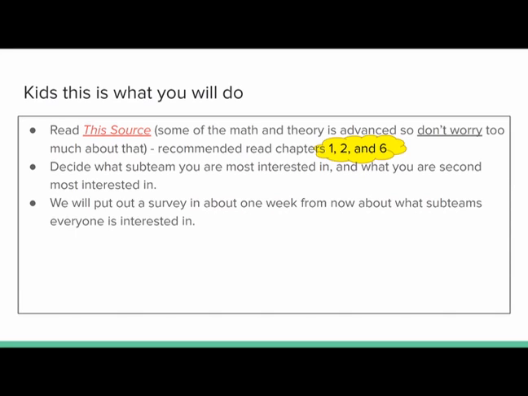Chapter 6 of that textbook gives you a complete overview of some basic subjects within liquid propellant rocket design, and the subteams are all encompassed in there. So you would read that and be like, oh, I know what these subteams are now, and then decide, okay, I want to do this. That's the idea. But that survey is coming out in about a week, so just keep your eyes out for that.